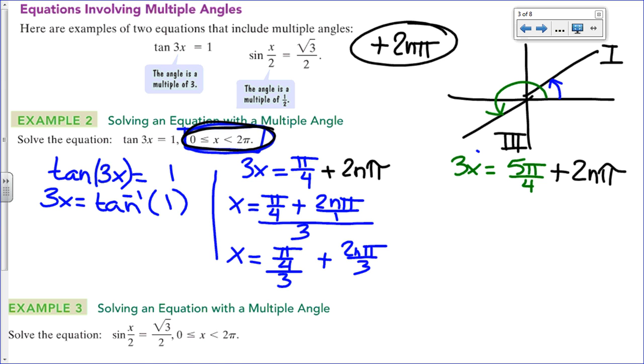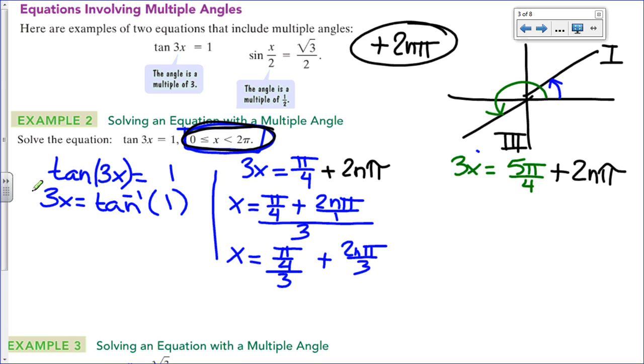And so I'm going to reduce it again. So we will get pi over 12 plus 2n pi over 3. Okay, so go ahead and you guys do the next one, and then we'll compare answers.